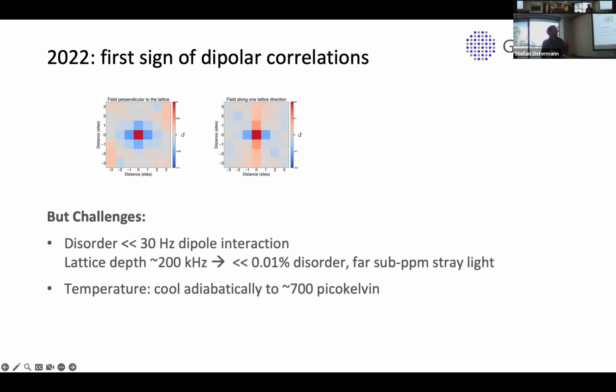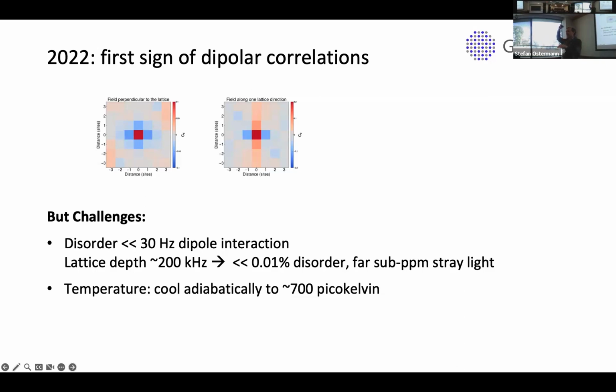But it was still a fairly daunting task because there are big challenges here, right? So first of all, if you think about it, disorder you have to control really well. Typically in our other experiments, we have disorder on the percent level sometimes. But here, well, the dipole interaction is 30 Hertz. The lattice depth is 200-ish kilohertz, right? 100 kilohertz.